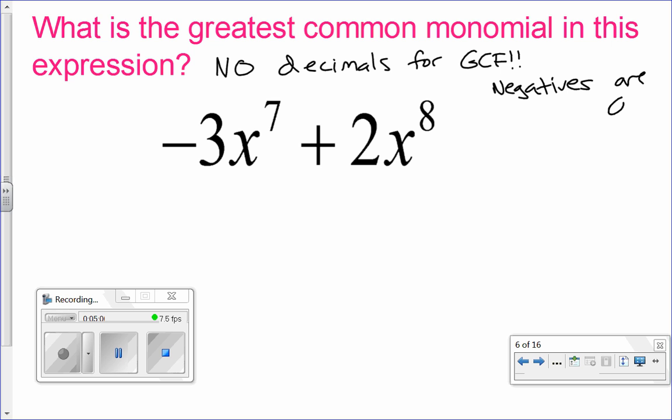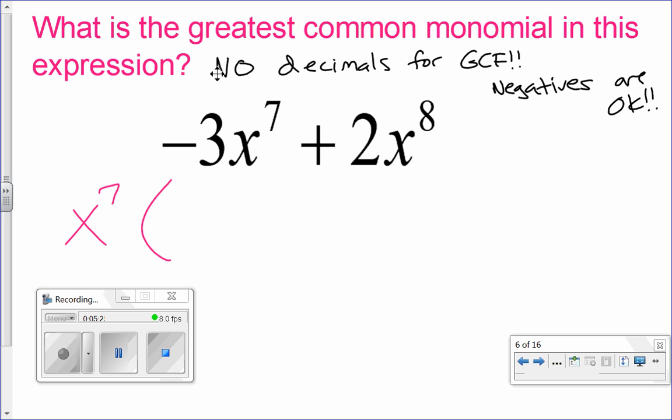Let's get a negative. Well, I just think negative 3 and 2 just don't have a number in common that we can pull out front. What were you going to say? One as far as the number, but you can pull common variables out. So that's what we're going to focus on pulling out. If I have 7 x's in this term and 8 x's in this term, how many do you think we could stand to pull out front? 7.